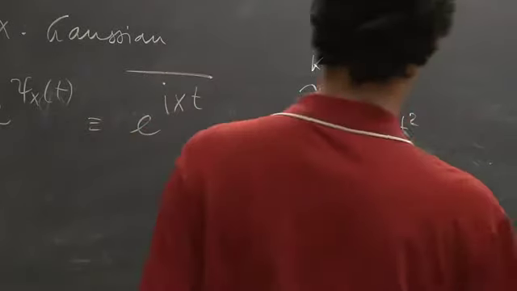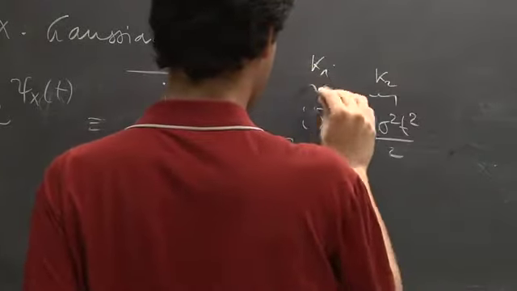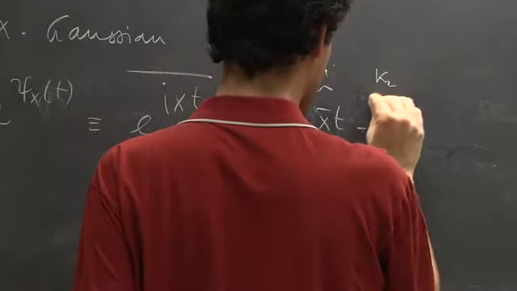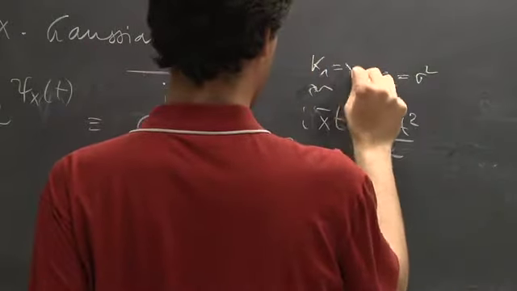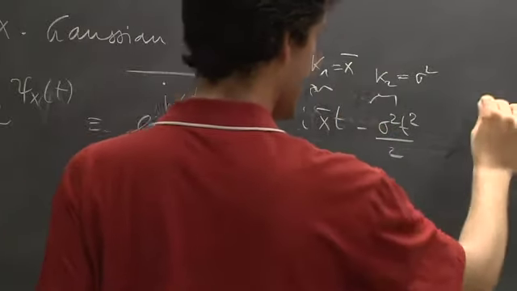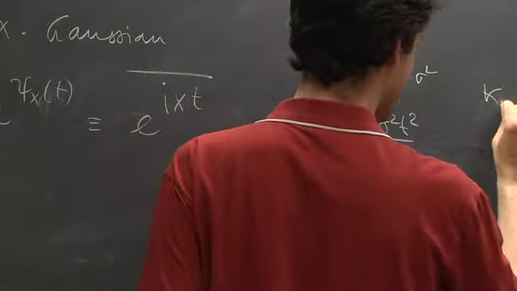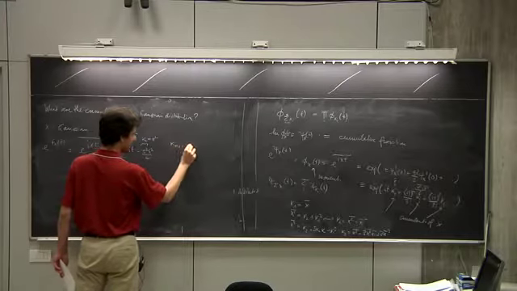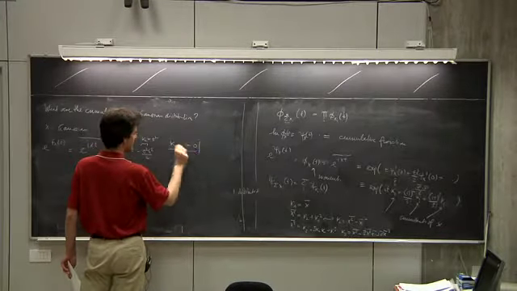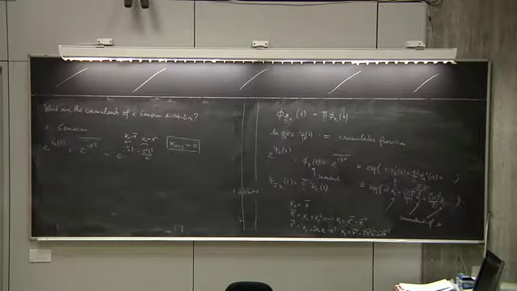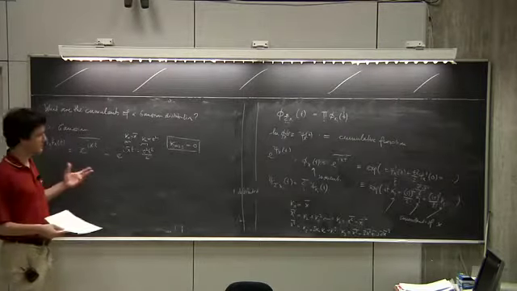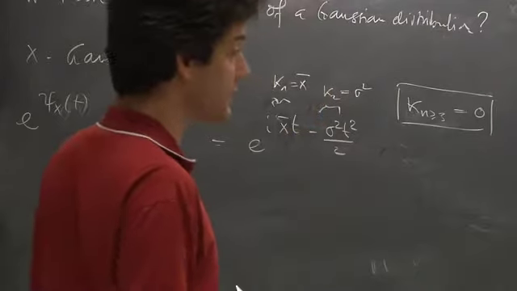I mean, without the i, right, by definition. And all the other cumulants are 0. Okay, and that's the special and important property of a Gaussian. It has only two cumulants, and all the other cumulants are 0.